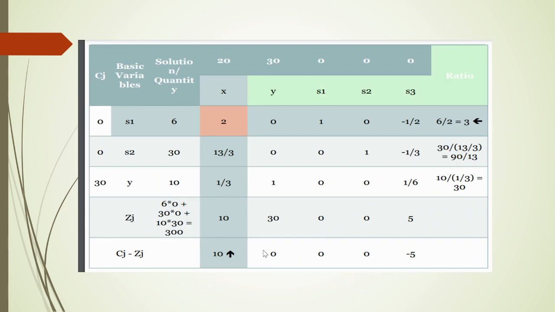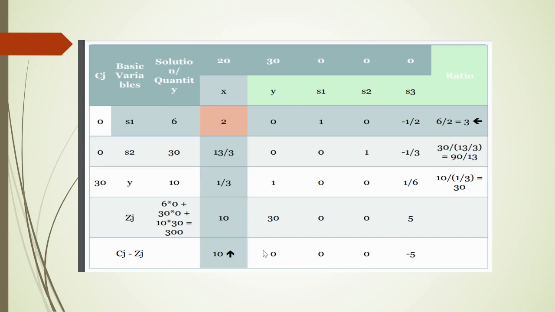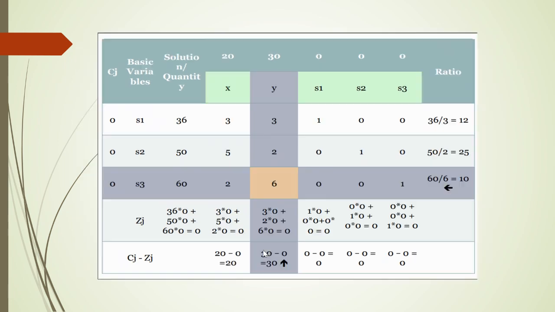This is a new row, and the S2 row is found by multiplying the new row by the element 2, because we are trying to find the second row.